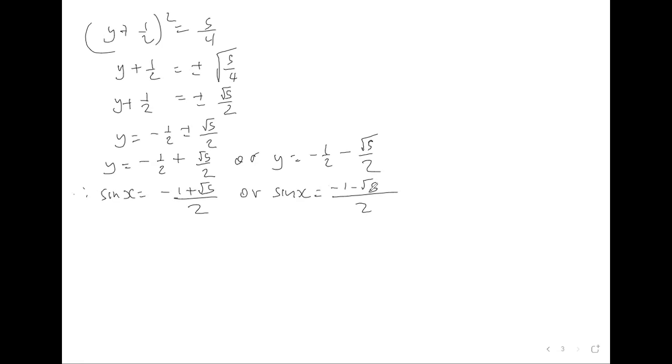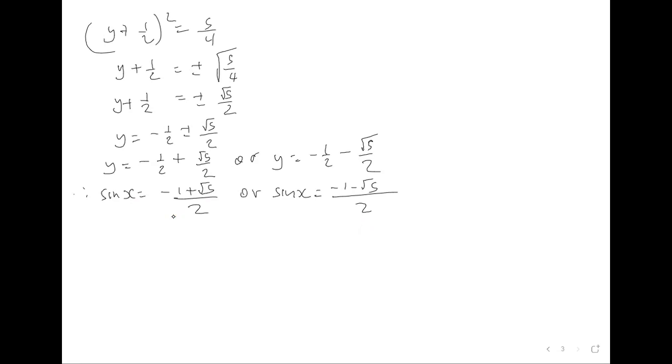So you observe that here sin is not defined. You can't find such an angle because this is some value far less than -1, and sin doesn't reach that far. So this which is not defined, we ignore it. We concentrate on this one, which is defined.